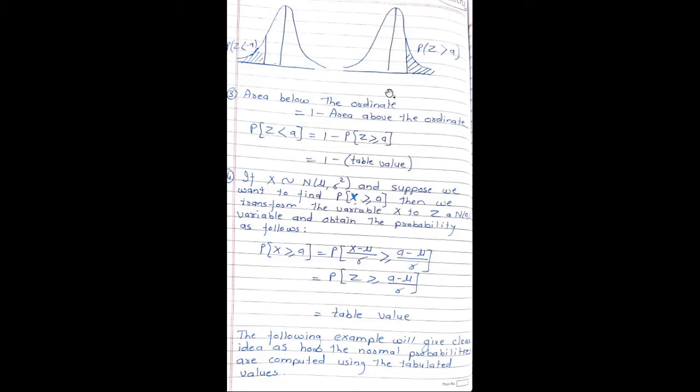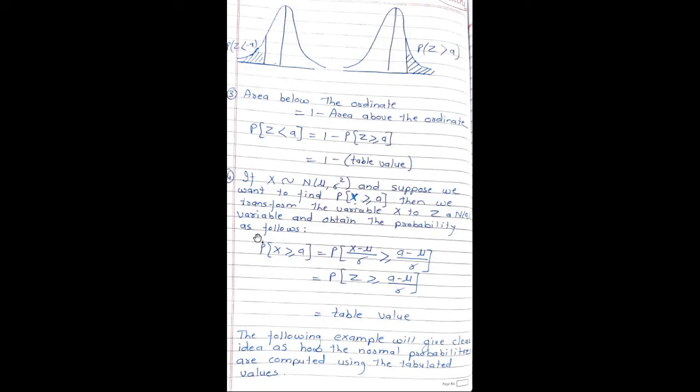The area for probability z less than minus a and probability z greater than a will be the same. Next rule, the area below the ordinate is equal to 1 minus the area above the ordinate. So probability z less than a is equal to 1 minus probability z greater than or equal to a, which is equal to 1 minus table value. Fourth rule, if x follows normal with mu, sigma squared and we want to find probability x greater than or equal to a, then we transform the variable x to z, a normal 0, 1 variable.